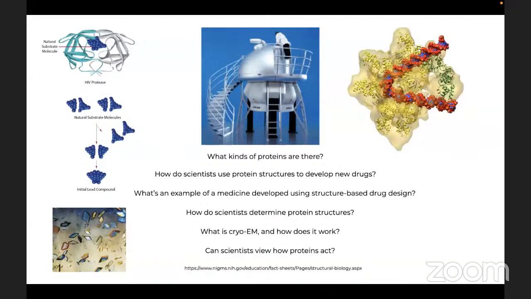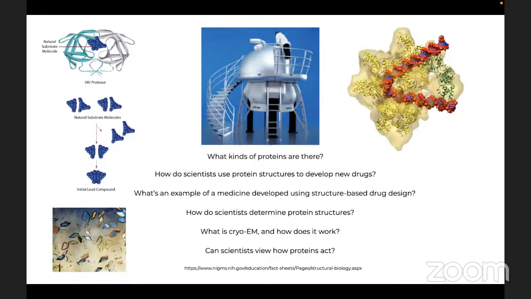Because we are talking about structure, one of the main utilities of understanding structure is to develop or design strategies to overcome challenges related to diseases. Structure helps because it gives you precise information about that molecule, and then you can manipulate and design based on structure.